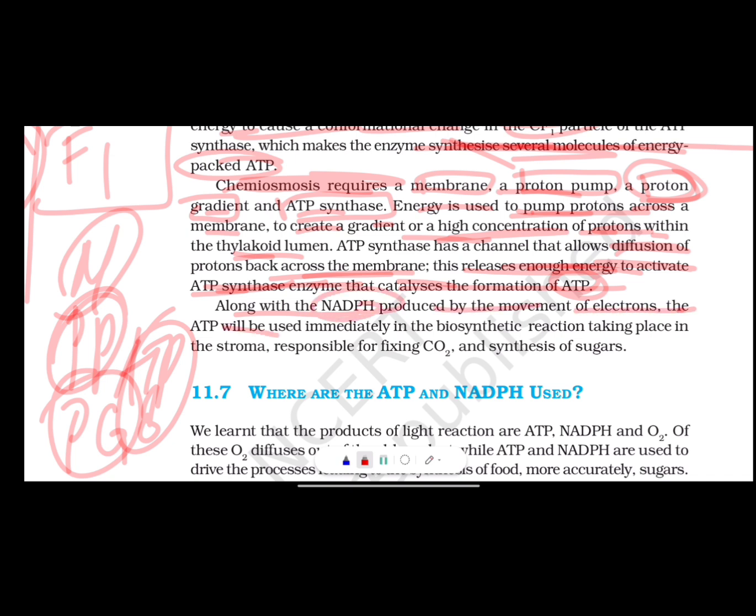The ATP will be used immediately in the biosynthetic reaction. The reaction takes place in the stroma, responsible for fixing CO2 and synthesis of sugar.